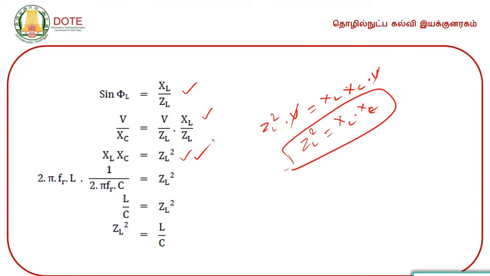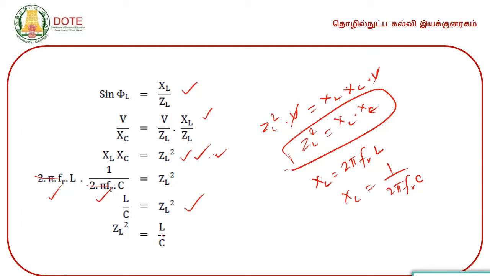Then I am going to substitute XL is equal to 2 pi FR into L and XC is equal to 1 by 2 pi FR into C in this equation. So, when you substitute those parameters, then ZL square will be equal to L by C, because this 2 pi FR, this 2 pi FR will cancel each other.